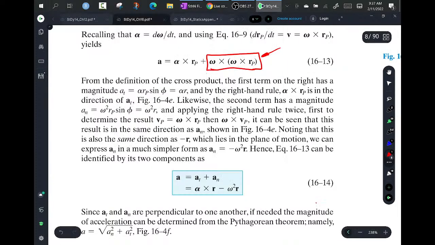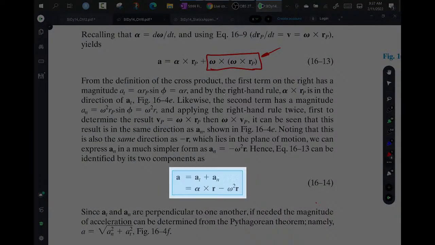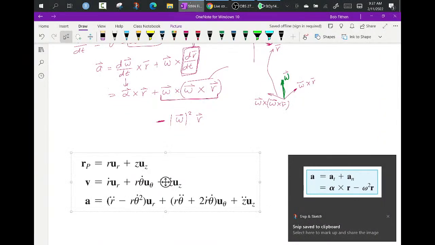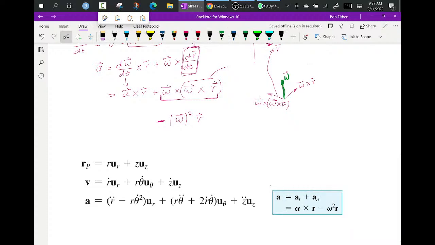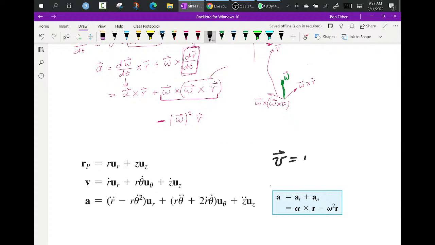Okay, so I'm going to copy this and drop it right here. And then maybe I won't copy the other one, I'll just write it down. The other one was V is equal to omega cross R. Now, barring this non-existence, because we're not dealing with Z, we're dealing with rotational strings.